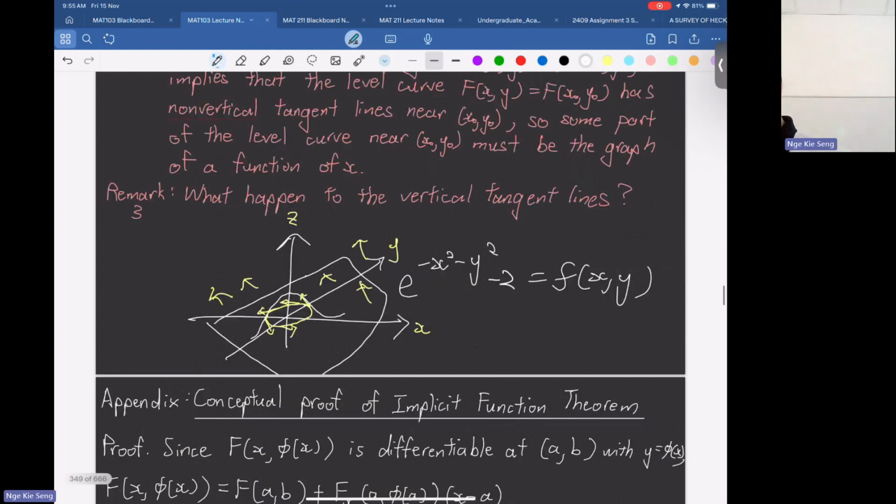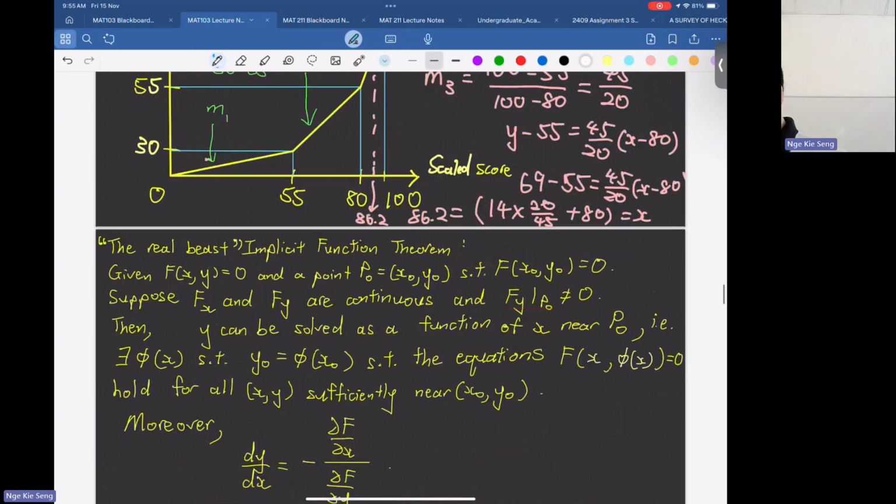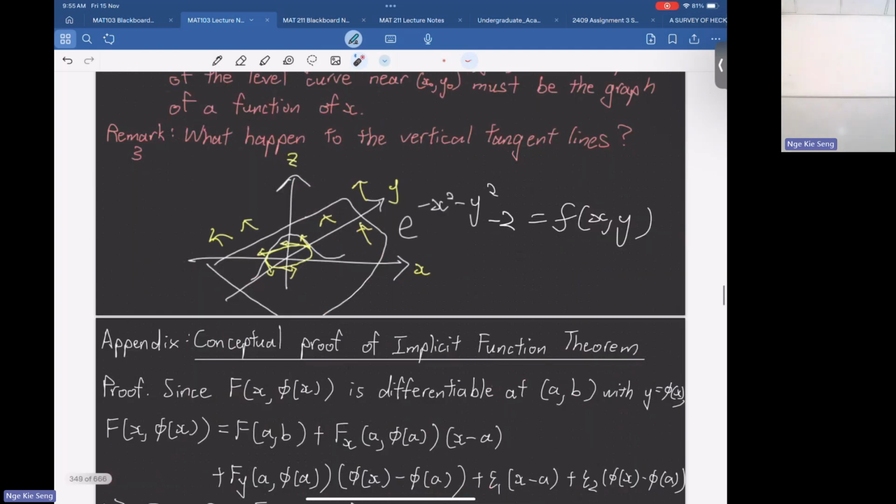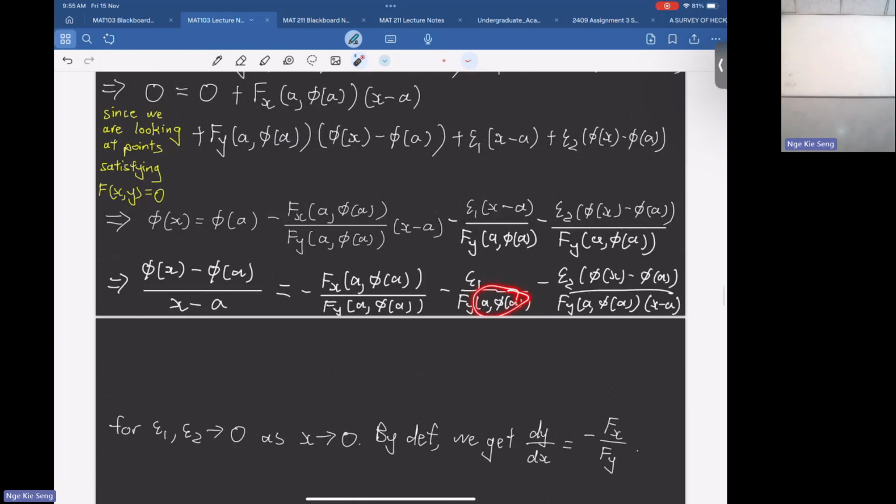Okay, so can you see here? We require this fy at P to be non-zero. That's why we can divide by this fy.